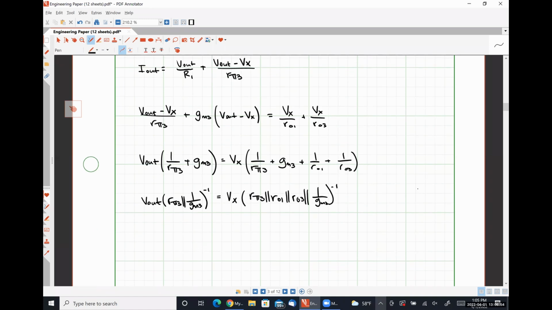And so V out multiplied by R pi 3 in parallel with R naught 1 in parallel with R naught 3 in parallel with 1 over GM3, multiplied by the reciprocal of... actually, let's just do it like this.